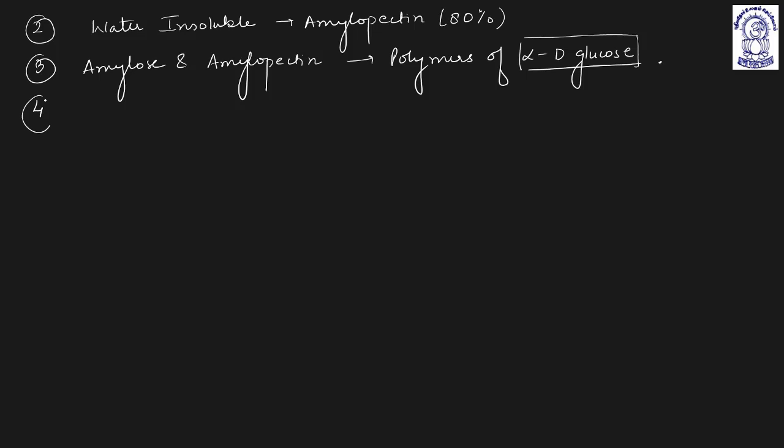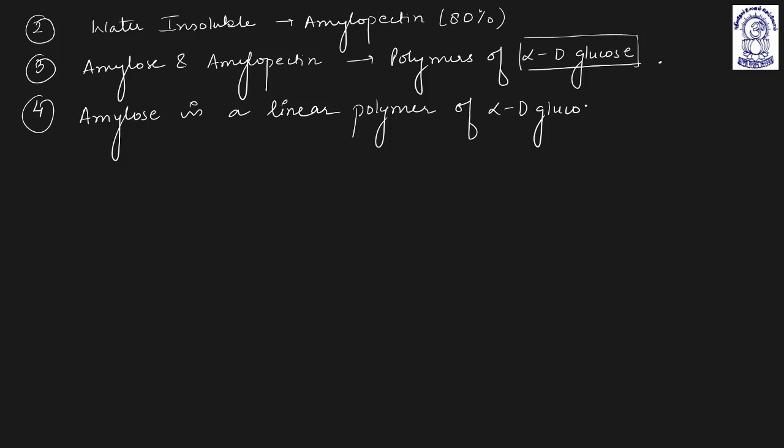Amylose is the linear polymer of alpha D glucose and contains about 200 glucose units.